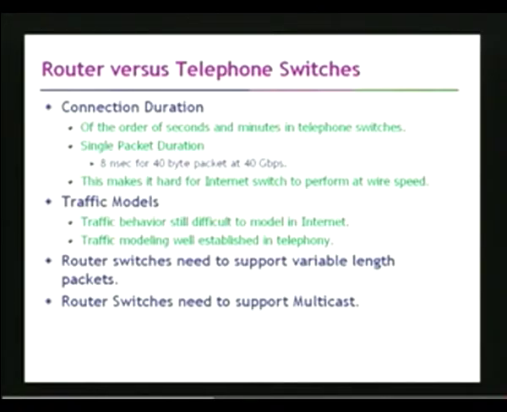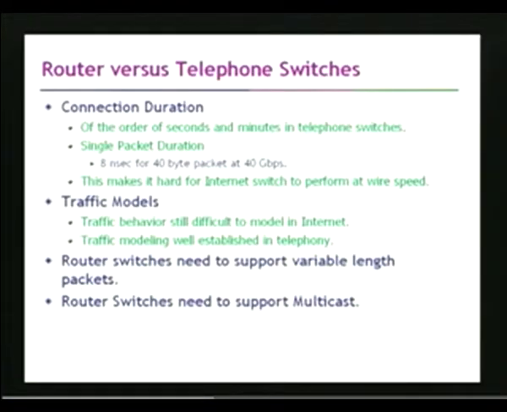There are many traffic models that have been proposed in the literature, but the traffic behavior is still difficult to capture. On the other hand, traffic modeling is very well established in telephony. So dimensioning and designing a switch becomes extremely simple if the behavior of the traffic which a switch is going to handle is very well known. So this is also one of the major differences between a switch used in a router and a switch used to switch connections in a telephone switch.